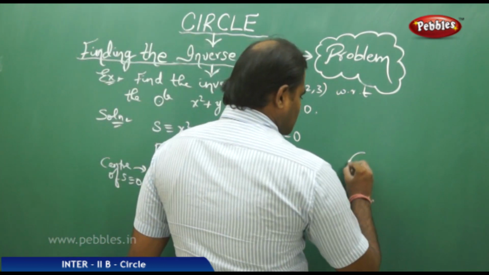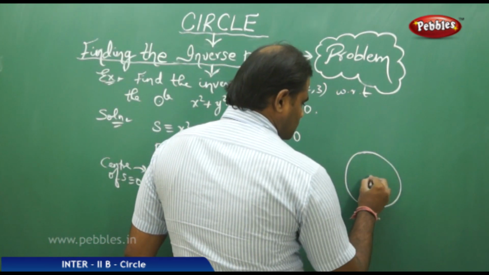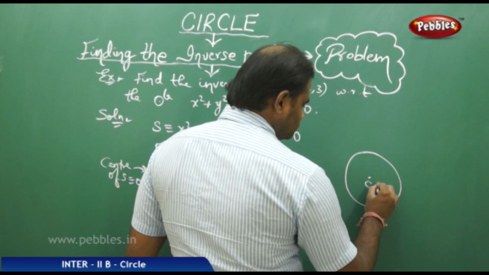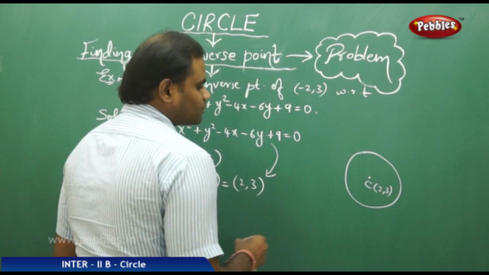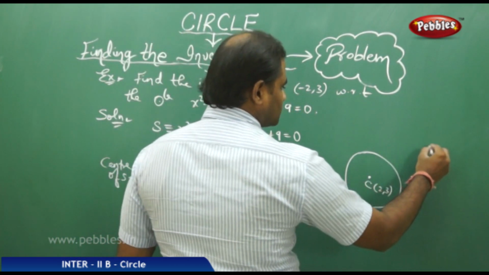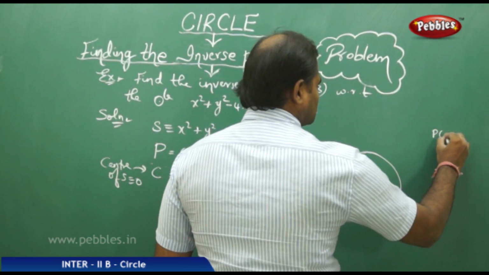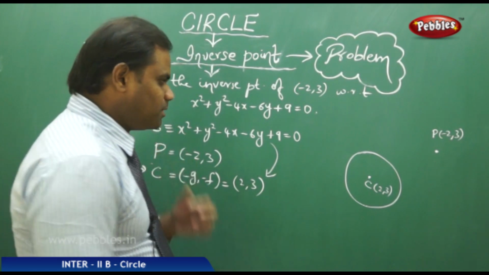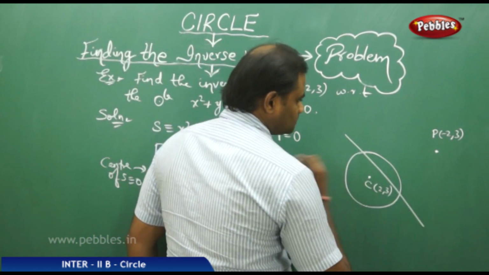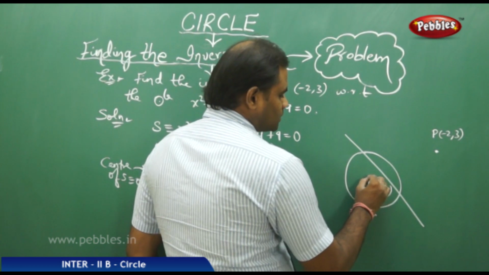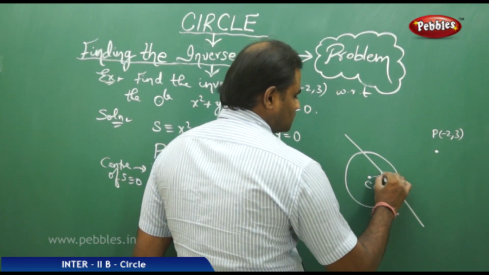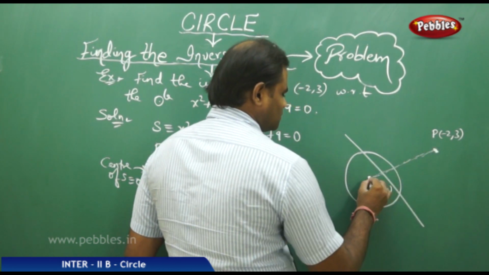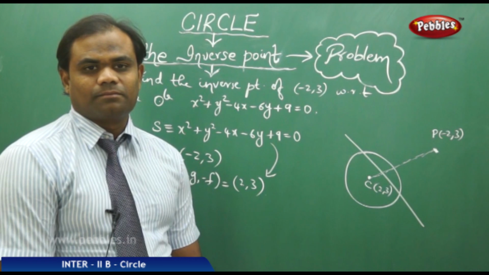Now if I take a circle whose center is (2, 3) and I have a point P which is (-2, 3), then we know that the polar of P is somewhere passing here.